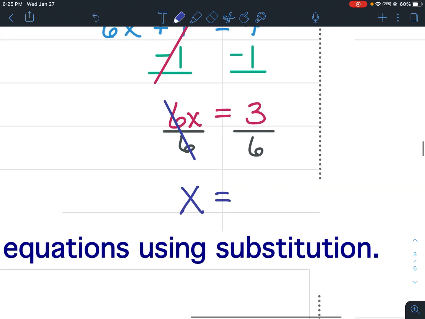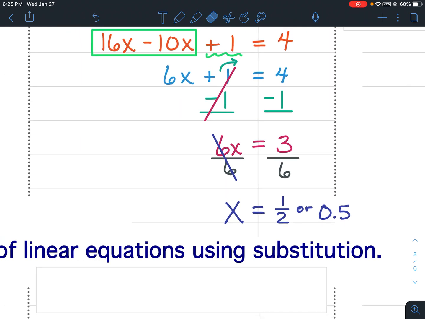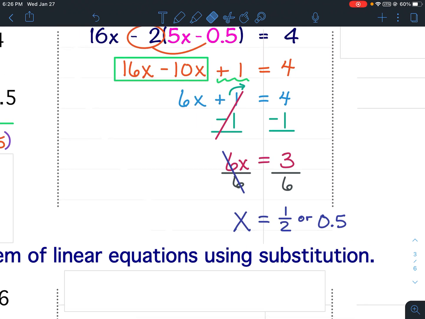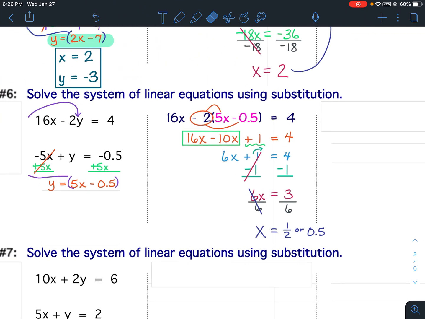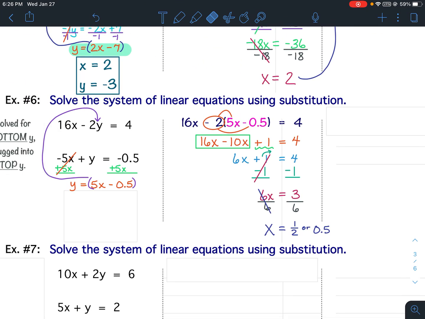It doesn't matter. So I'm going to go ahead and write down both. So I'm going to put down 1/2 or 0.5. Same thing.